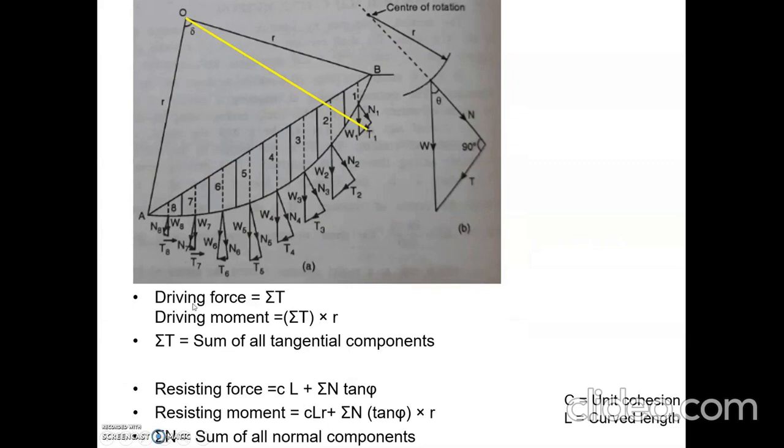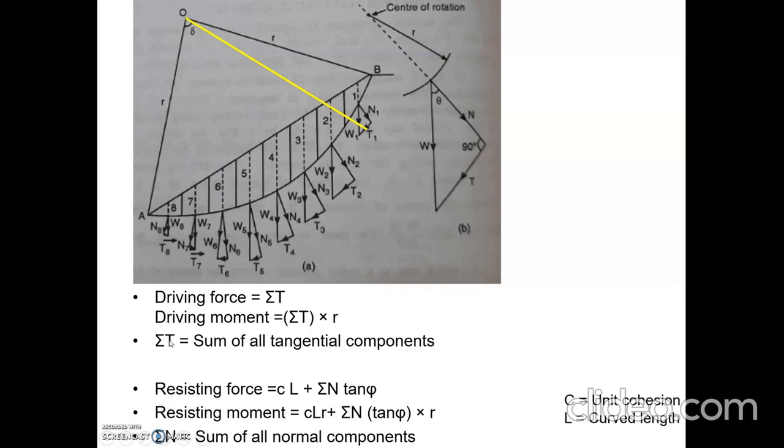So here we can write driving force as summation of tangential components, that is T1 plus T2 plus T3 plus T4 till T8. And driving moment is force into distance. Force is summation of T and distance is R, that is the radial distance between point O and all the tangential components.